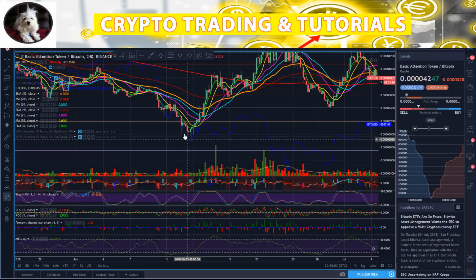So what you'll notice is that there is stopping volume here. This is something that I talk about on the channel quite a bit in my training: there's stopping volume, and then there's confirmation that follows through. So there was stopping volume right around a supply and demand zone. We see that very clearly here on the 4-hour.